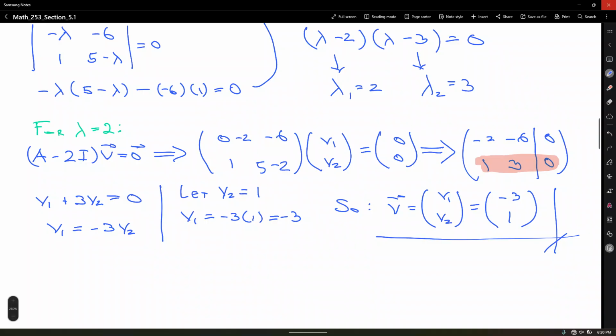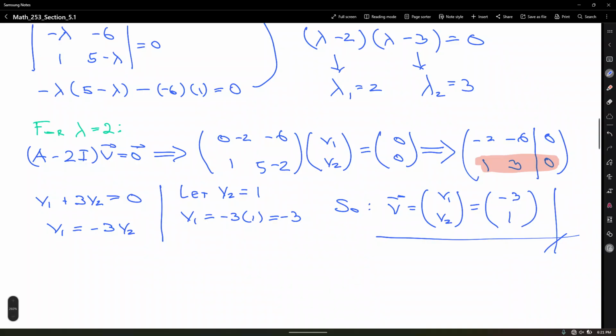Why do we have this freedom of choice of any of the numbers? Again, these vectors get scaled. It doesn't matter whether that vector has components negative 3, 1, or negative 6, 2, or negative 9, 3, or negative 150 and 50.